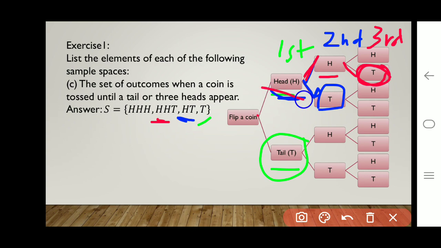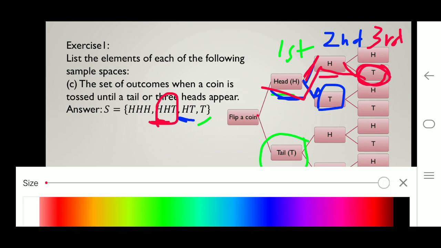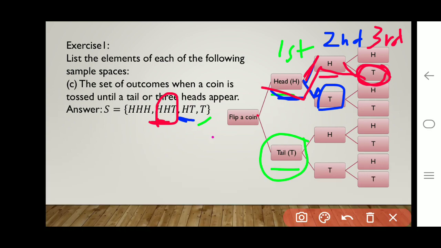Head muna, nagkaroon ka ng isang head, and then another head, and then tail. Therefore, ito yung sample element na tinutukoy natin, which is H, H, T. And then, halimbawa naman, ang lumabas again is head naman. Therefore, since tatlong head na, stop ka na din.